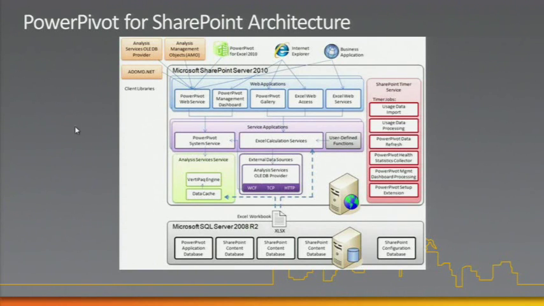And similarly, for Power Pivot for SharePoint, again, you've got the VertiPaq engine over here, and when you refresh your Excel workbooks that are in SharePoint, again, they're refreshing against the Analysis Services instance, and if you want to refresh the data, it's another step to refresh the data that's in the VertiPaq engine or the Analysis Services OLAP engine.